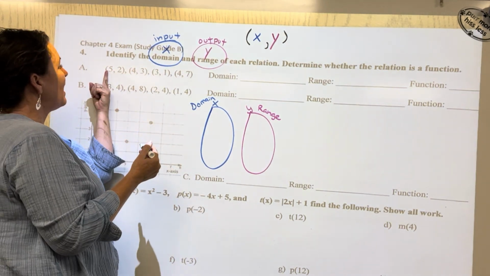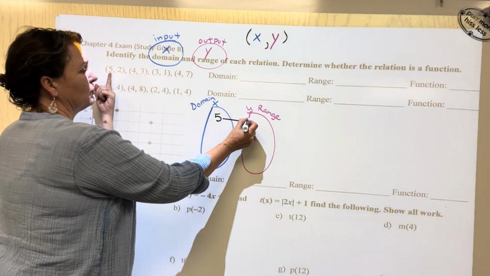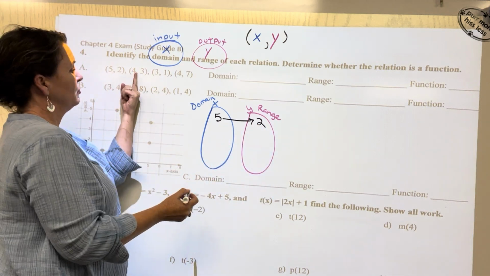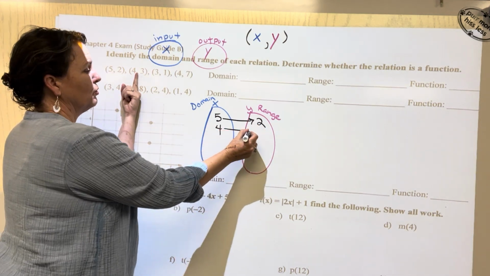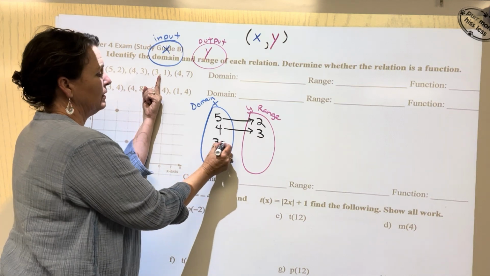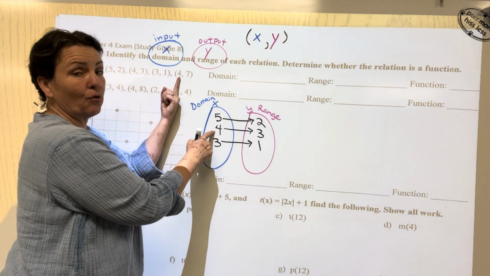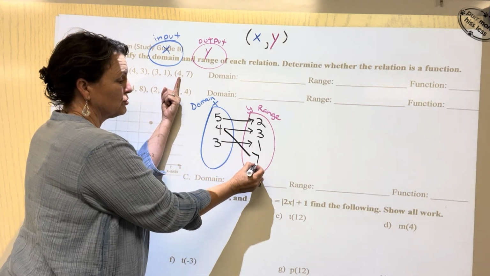It says 5 is your input, 2 is your output. So 5 goes with 2. 4 goes with 3. 3 goes to 1, and 4, oh, we already have a 4. 4 goes to 7.